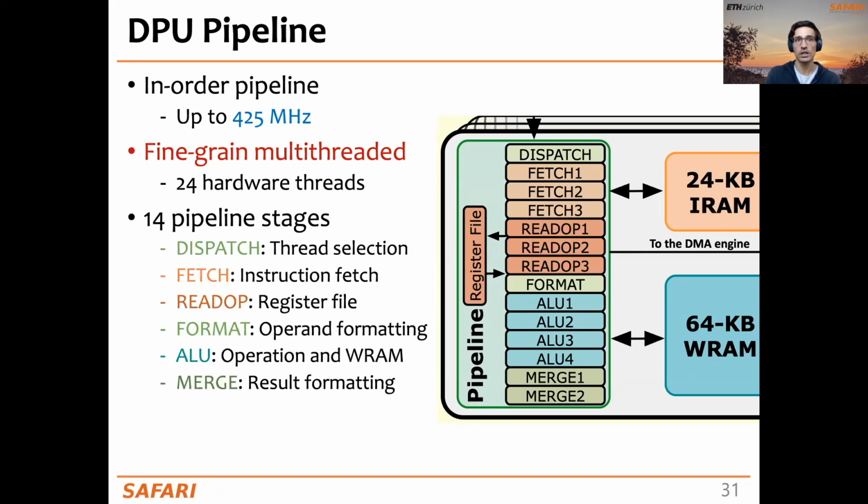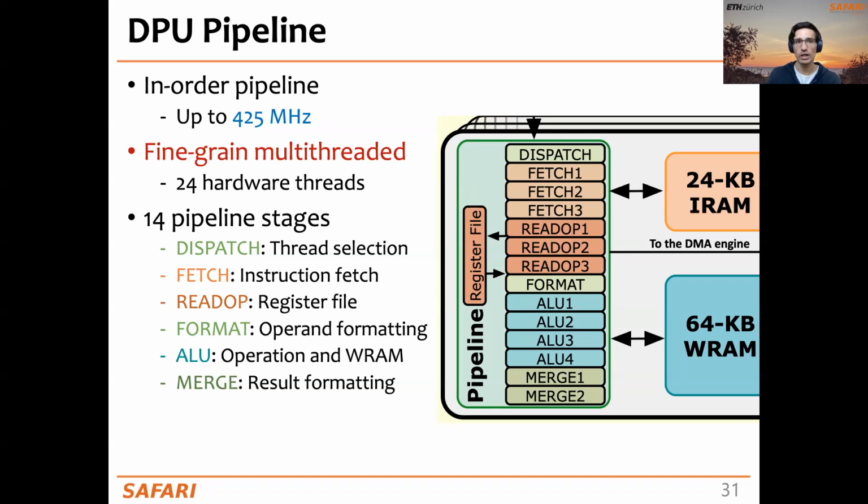As you can see in the slide, we have a dispatch stage for thread selection. Every single cycle, we start the execution of one instruction for a different software thread, or tasklet, and we decide what's the next thread to be scheduled in this dispatch stage. Then we have 3 fetch stages for fetching an instruction from the IRAM.